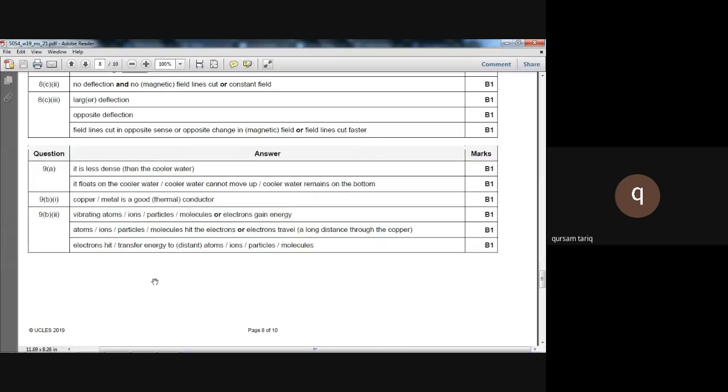EMF and current is induced, but the direction of current will be opposite to that produced in the first part when it was inserted. Quickly withdrawn, more EMF will be induced, hence the ammeter will show greater deflection and in the opposite direction. Yes, that's the answer. You get the 3 marks. On the marking scheme, 1 mark is for the larger deflection, 1 mark is for saying the opposite deflection, and 1 mark is for field lines cut in opposite sense or opposite change in the magnetic field, or field lines cut faster.